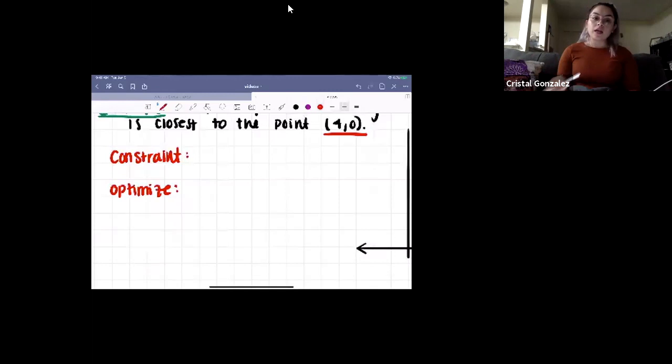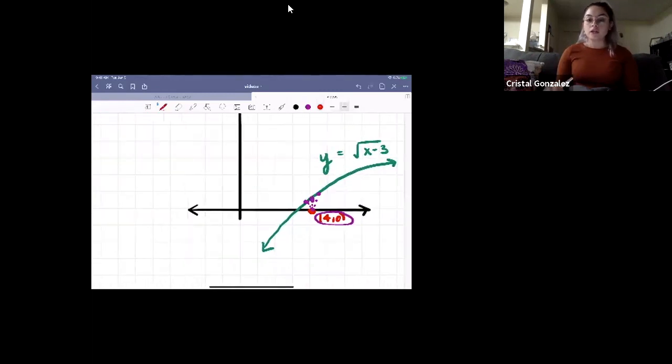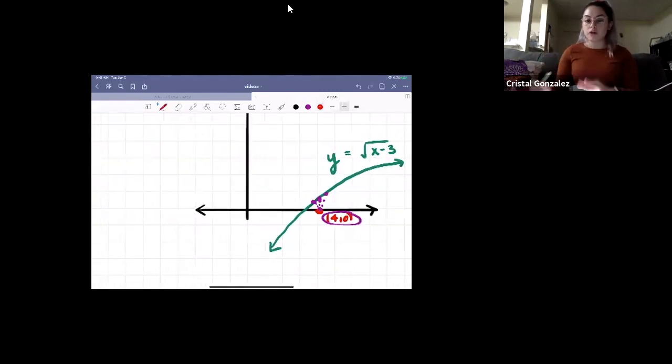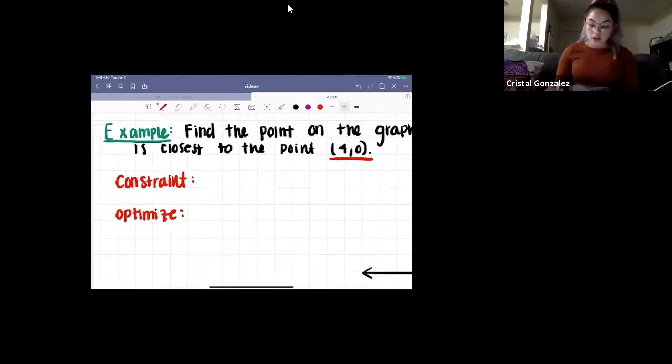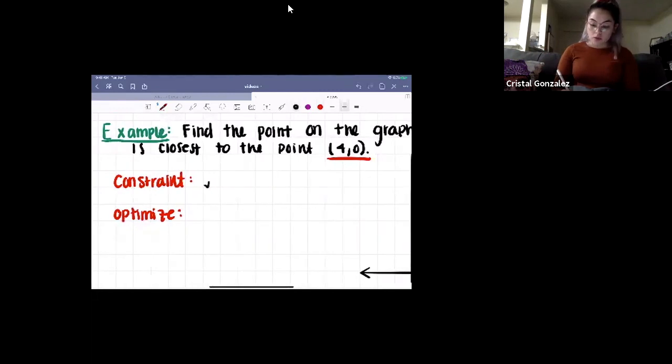So in this case, we are actually constrained to the function y equals, or f of x equals, the square root of x minus 3. That's actually our constraint here because we're looking for the point from there to the point (4, 0) that'll satisfy that. So we are constrained to f of x equals the square root of x minus 3.